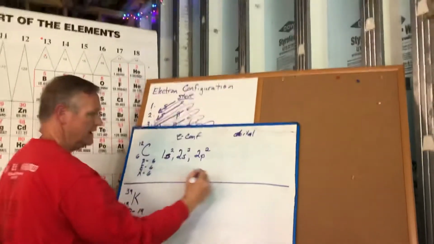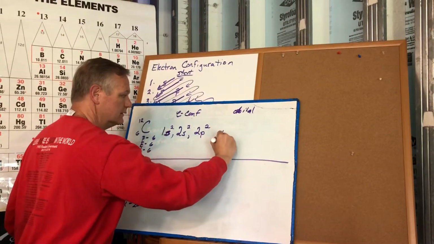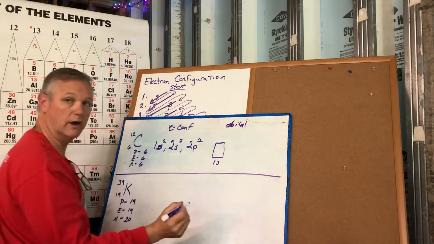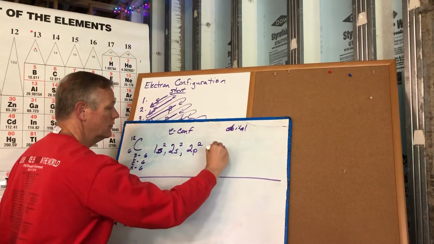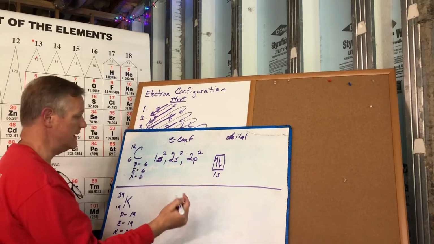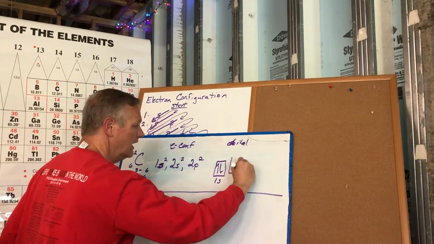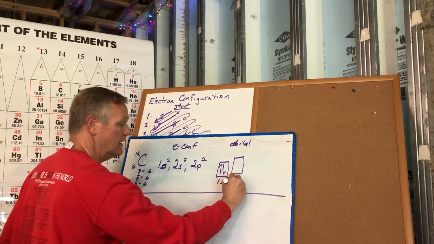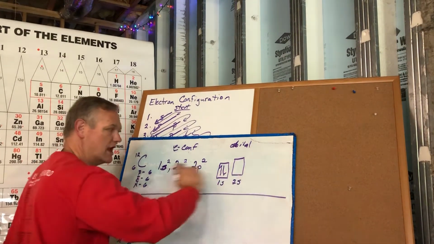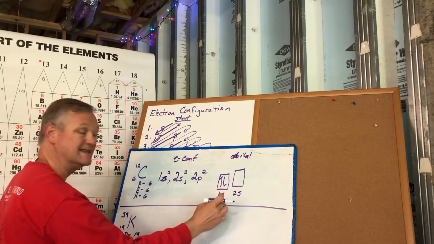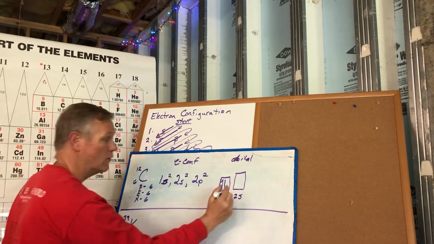Now I'm going to do the orbital diagram. So now I'm going to draw a box, and that box equals the 1s. There are 2 electrons in that 1s. The next box is going to be just slightly higher, and I noticed that a lot of you, when you did this, you just kept them all on the same level, which is perfectly all right. I just do this so that you can see that it contains a little bit more energy.